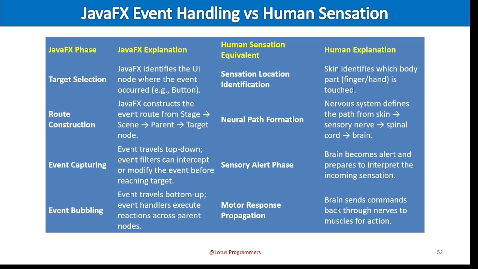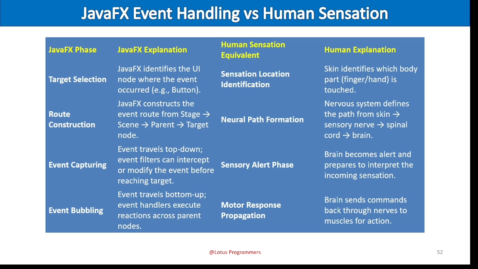The next phase is event bubbling. In event bubbling, event handlers execute reactions respective to the parent nodes which are participating in the event delivery process. In the same way, in human sensation, the brain sends the respective command back through the nerves to muscles for the respective action.